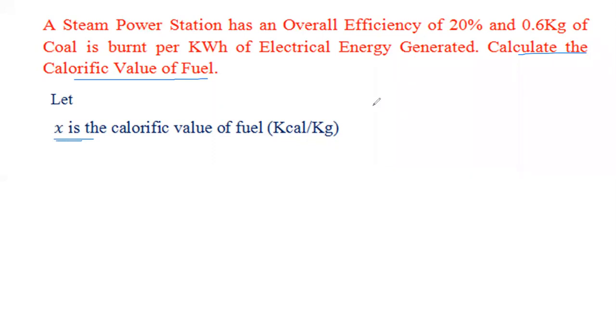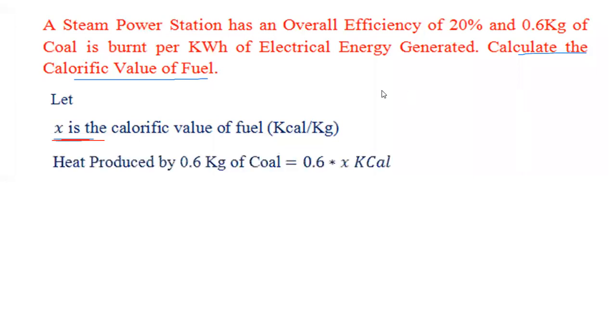The heat produced, that is, per kilowatt hour 0.6 kg of coal is utilized to produce the steam. That is 0.6 into the calorific value of the coal. The calorific value is not given in the problem, so we consider it as x.